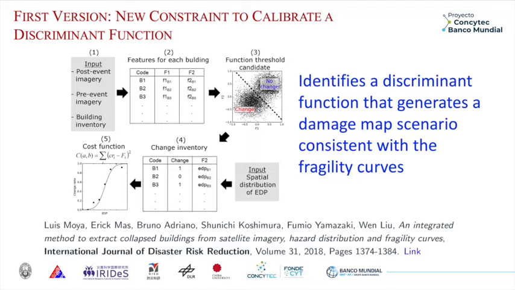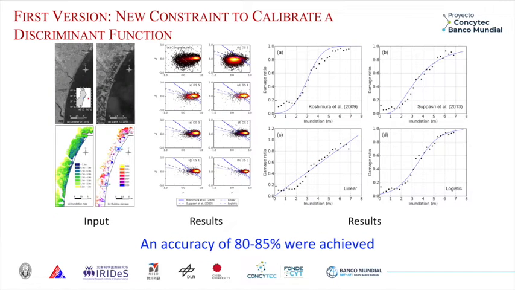I must confess that it works on a specific bidimensional space, and the way we calibrated was just exhaustive search. It wasn't very elegant. This slide shows a bit more detail of the results of our first algorithms. We achieved between 80 and 85% accuracy.